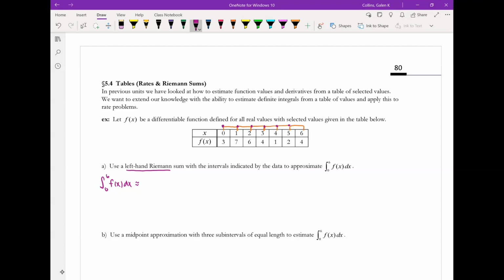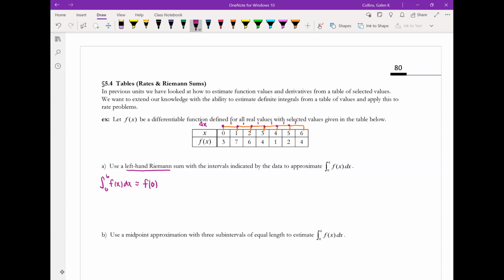So what I like to do first is write in f of 0 instead of just plugging in that 3. So I'm going to multiply the left-hand side of my first rectangle with the base of the rectangle, which is my delta x. So my delta x for each of these is going to be 1.